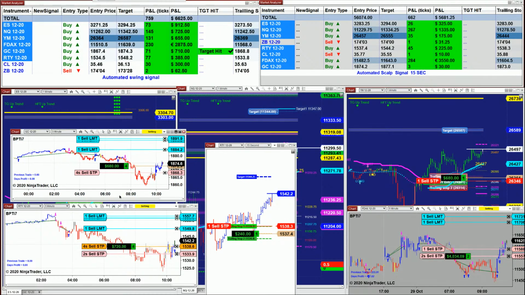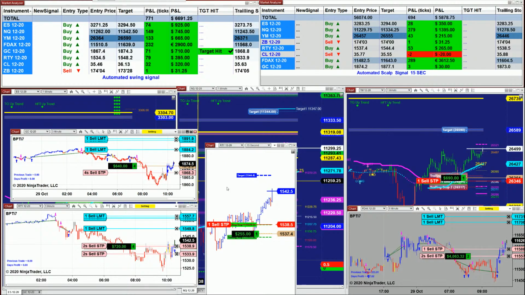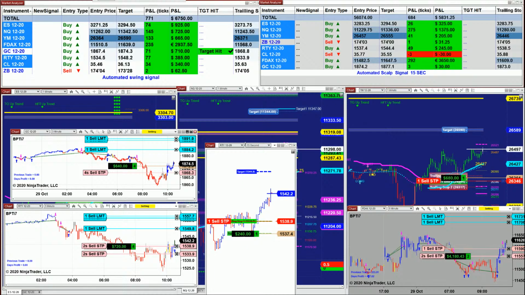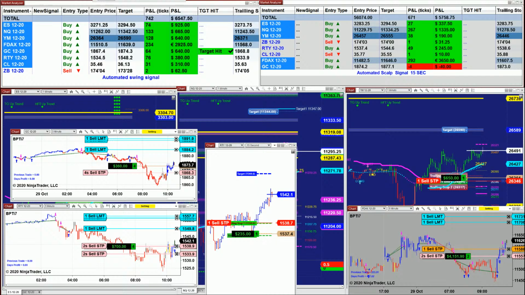And as you notice, they're all on the 3 minute chart. And actually, I don't have that much open. They all practically hit targets. We will show that later on.